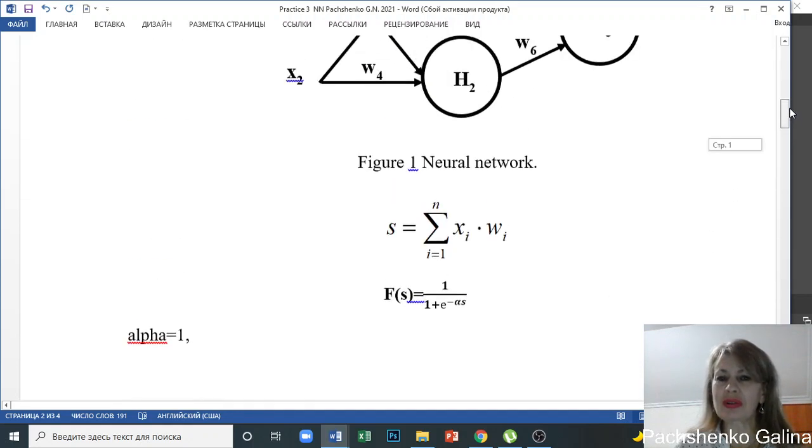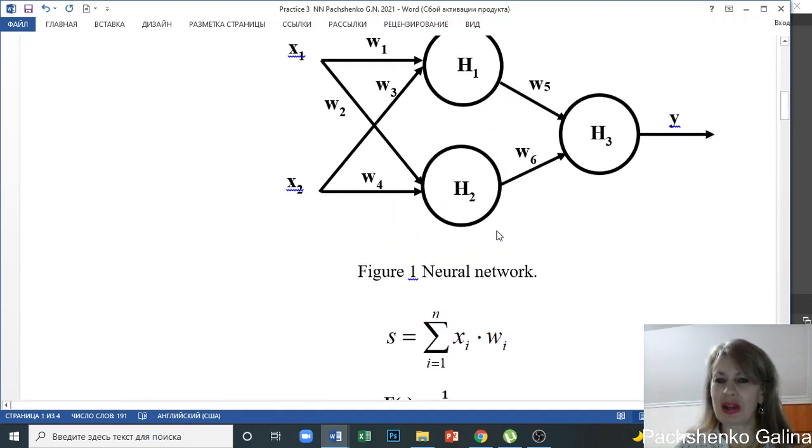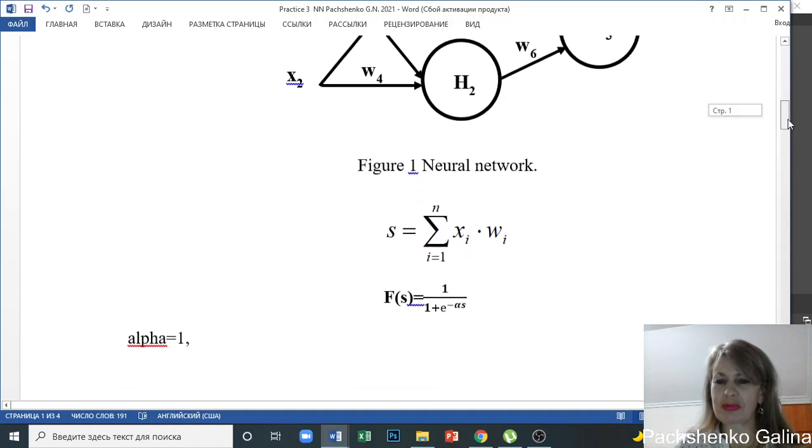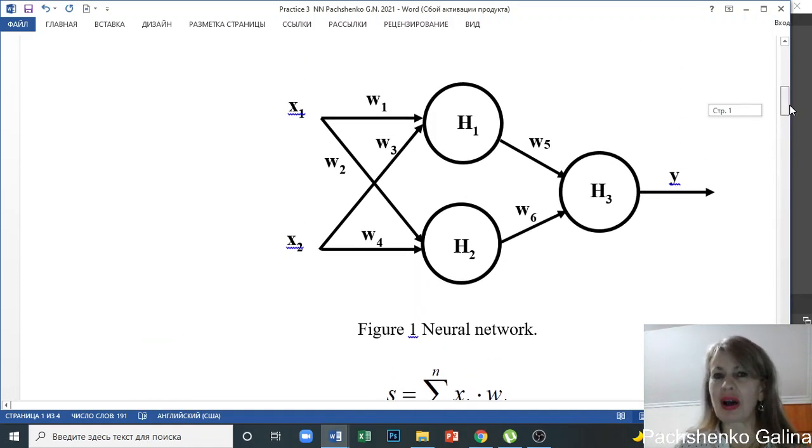And for neuron 2, how do we find our sum function? We multiply x1 by w2 plus x2 we multiply by w4. So now we know our sum function. Let's check.